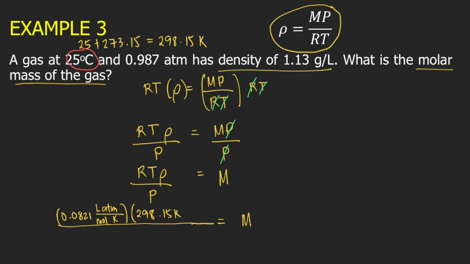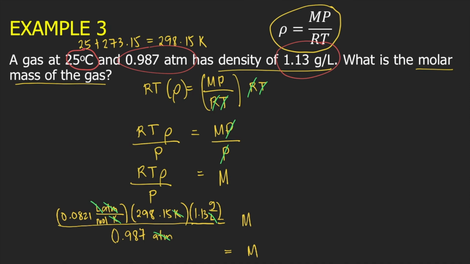So that will be our temperature, 298.15 Kelvin. Rho, or the density, is given in the problem, 1.13 grams per liter, divided by the pressure of the gas, which is also given in the problem, 0.987 atm. So let's see how the units will cancel out. So liters will cancel, atm will cancel, and Kelvin will cancel.